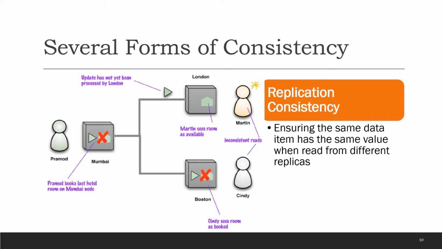With replication consistency, you have several nodes of data across the distributed network. We need to ensure that these multiple nodes that contain the same data are consistent, meaning that whichever node within the system you read the data from, you should get the same value as reading it from another node. That is called replication consistency.